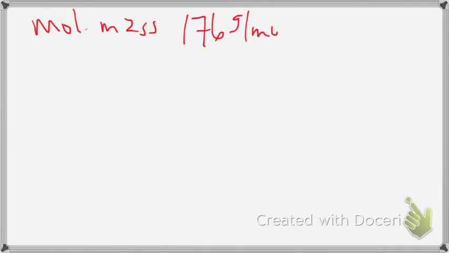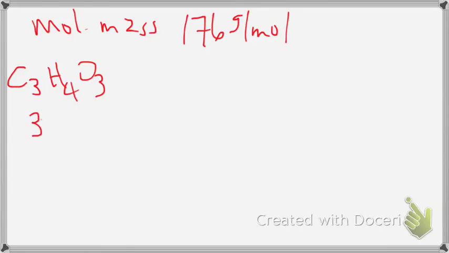So we know that the molar mass is 176. That's the same thing as saying 176 grams per mole. That's literally what that means. And we know that the empirical formula is C3H4O3. So now let's figure out how much a mole of that empirical formula weighs.